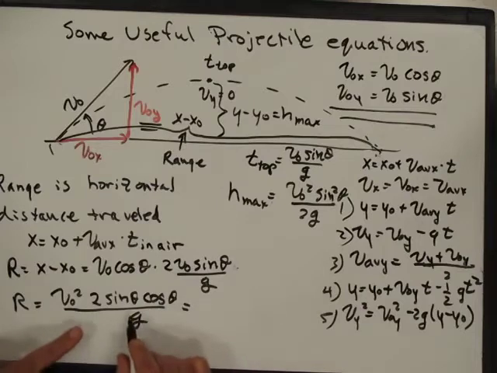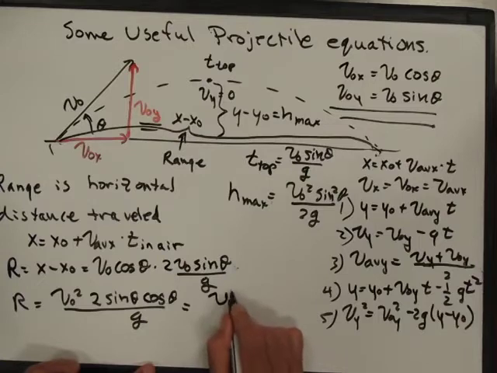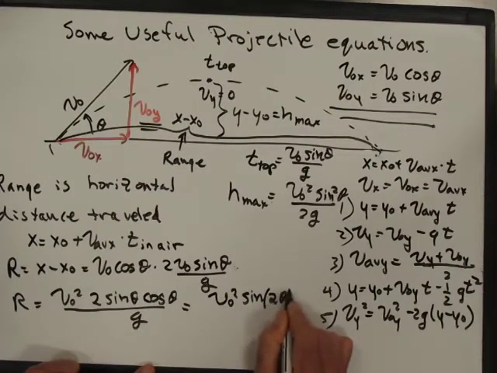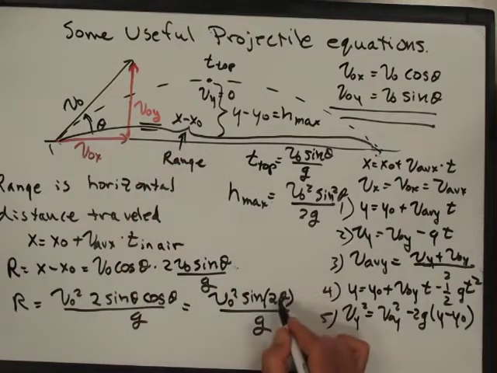And you probably don't know your trig identities, but if you did, 2 sine theta cosine theta is the same thing as sine 2 theta, and so this is v naught squared sine of 2 theta over g. So if this was 30 degrees, you'd plug in 60 degrees here.